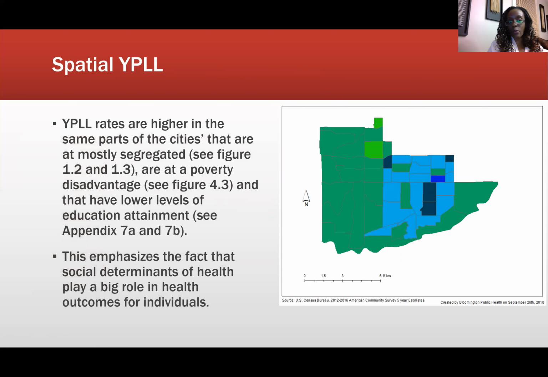And I found that YPLL rates are higher in those cities that are mostly segregated, that are at a poverty disadvantage and have lower educational attainment. So this just shows us that social determinants of health play a really big role when it comes to the health of individuals and how long people get to live.